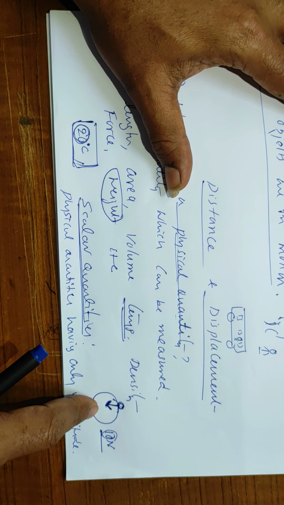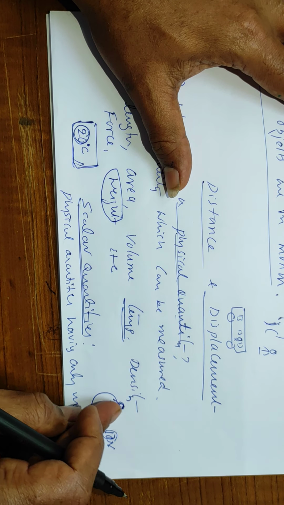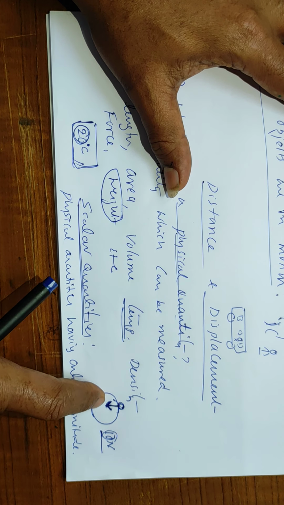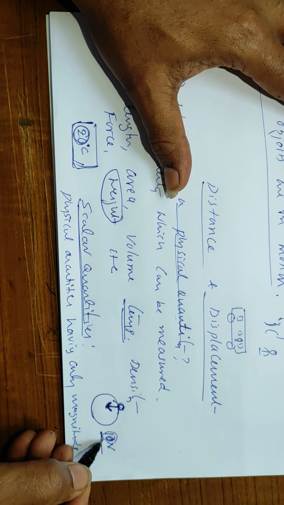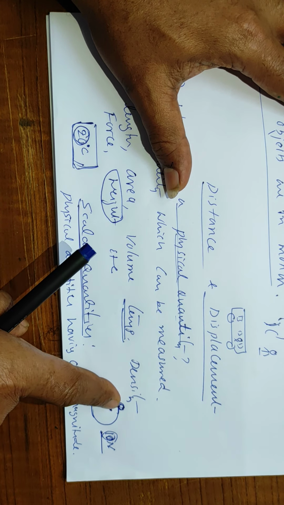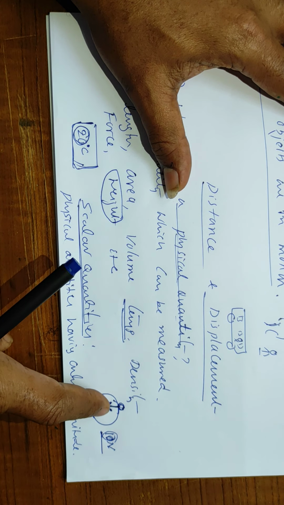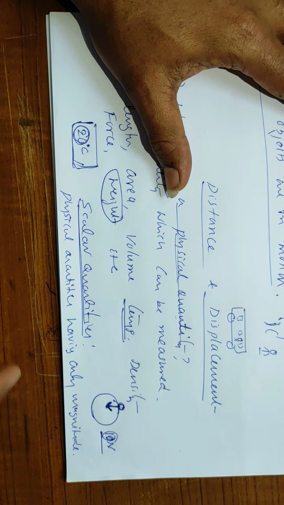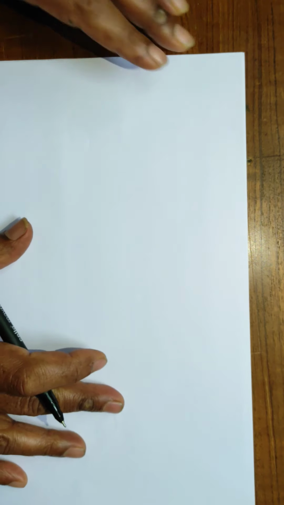Did you understand? The force with which the object is being pulled by the earth can be measured and is represented by a number. And we can show the direction also: in this direction it is being pulled. You can mention the direction. Such physical quantities are called vector quantities.